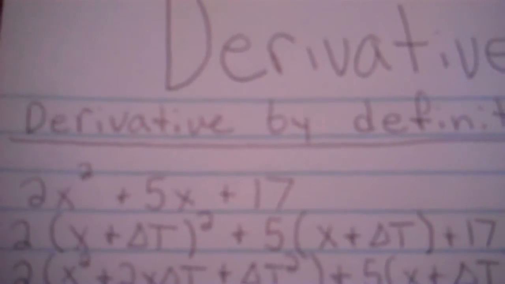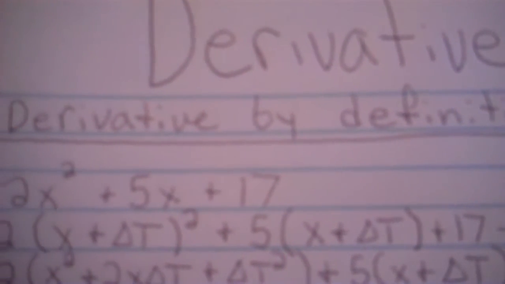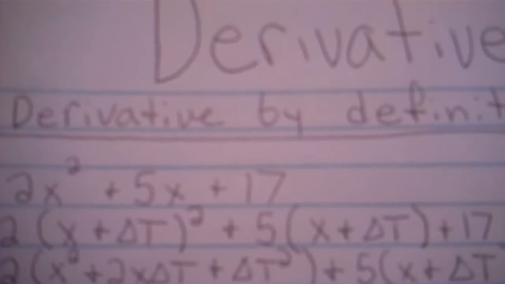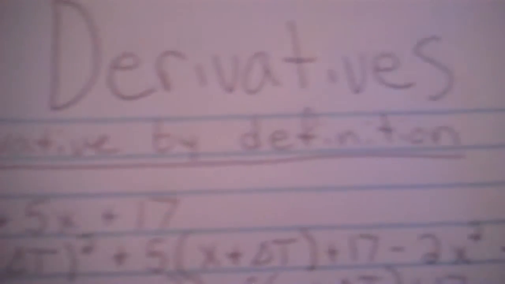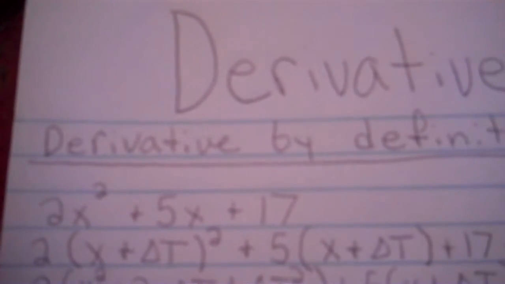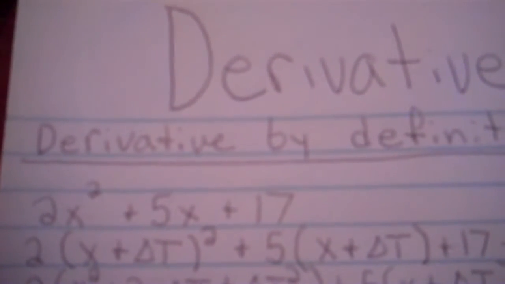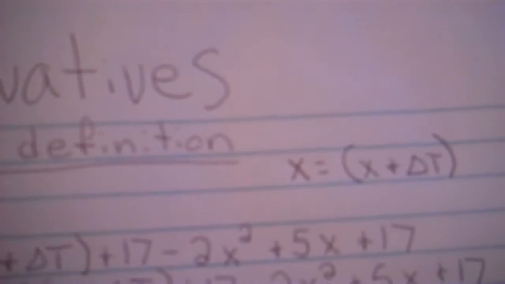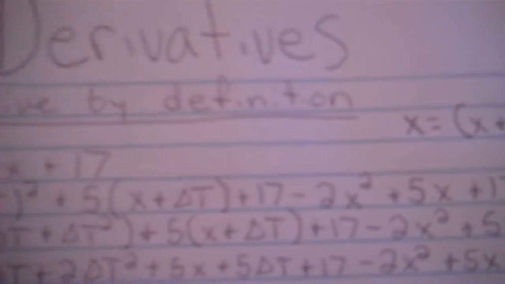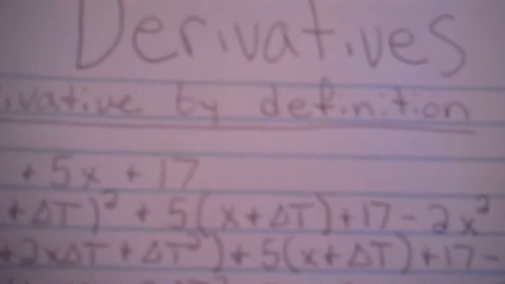So that's basically it. And then after you've put the x plus delta t into all of the x's of the equation, you're going to take the original equation, the 2x squared plus 5x plus 17, and you're going to subtract it from the first part. So that's the full thing.